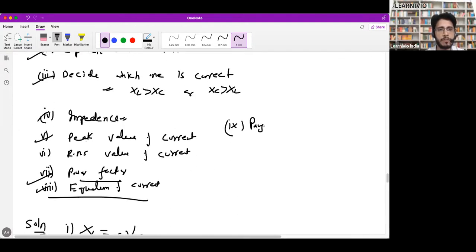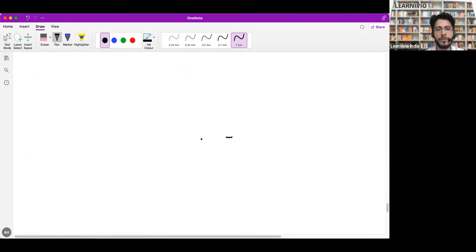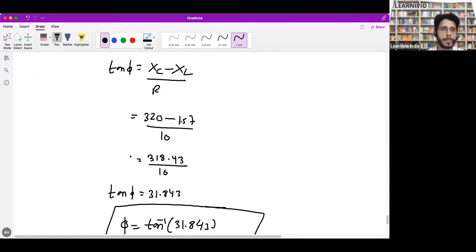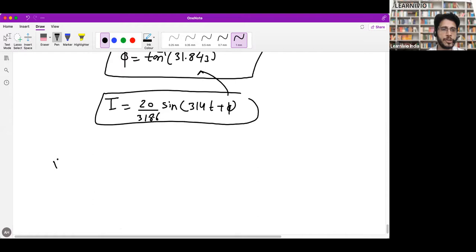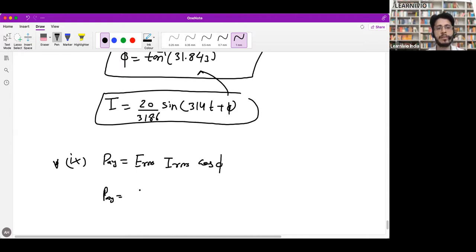Last, we are left with average power. See, average power is easy. It's ERMS, IRMS, cos phi. You already have the value of IRMS and cos phi. You need ERMS. How much is ERMS?